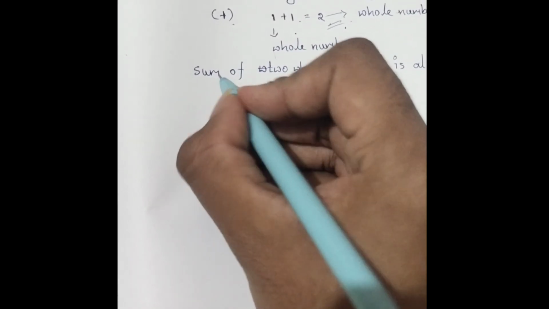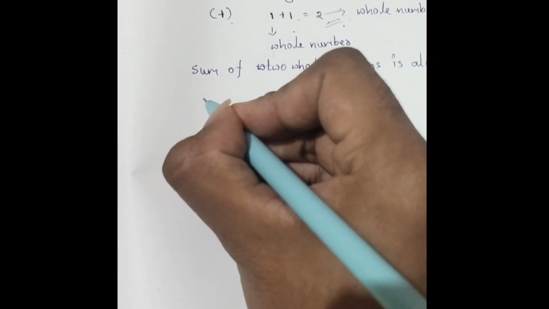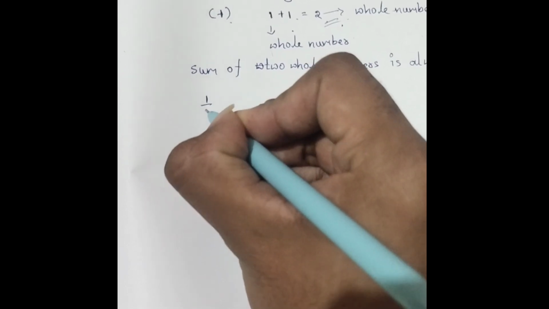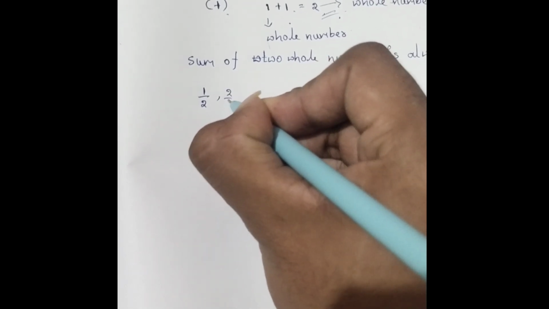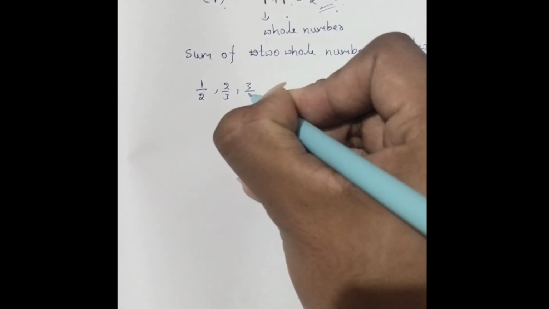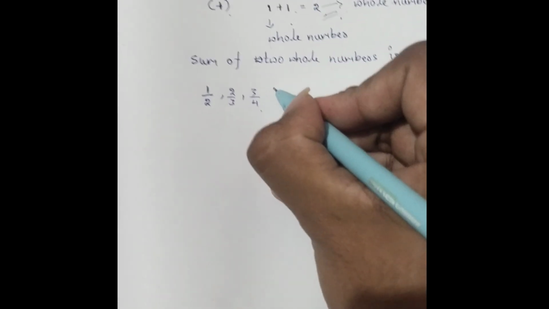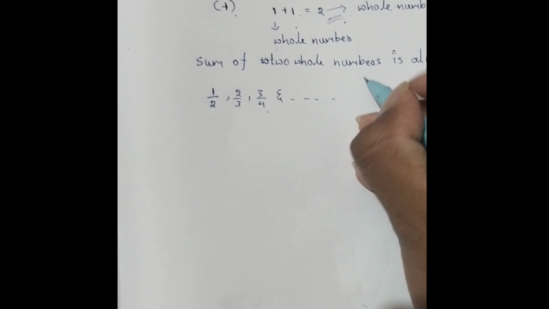Then moving on, as you guys are familiar with fractions, which are basically like 1 divided by 2, or 1 by 2, 2 by 3, 3 by 4, and so on.